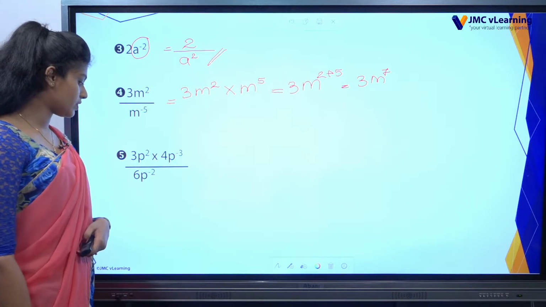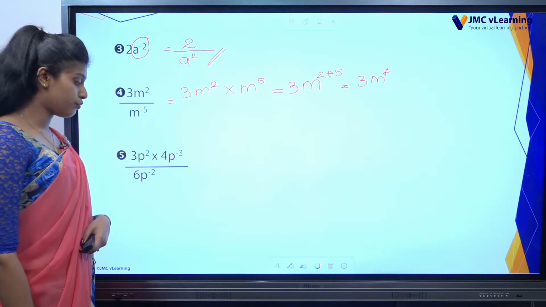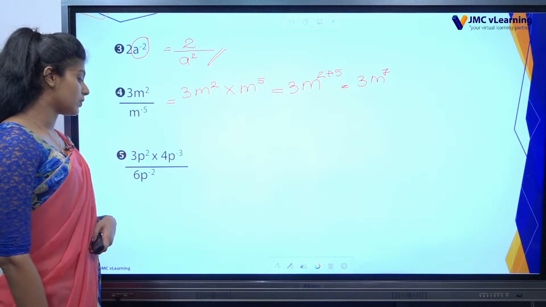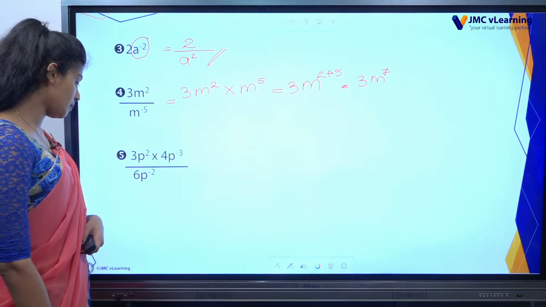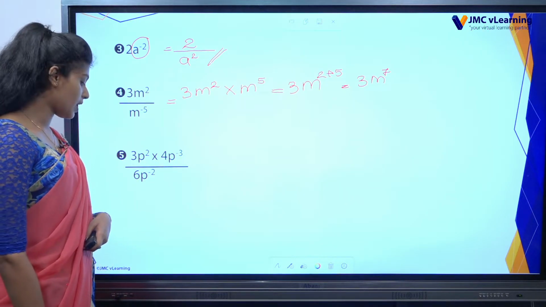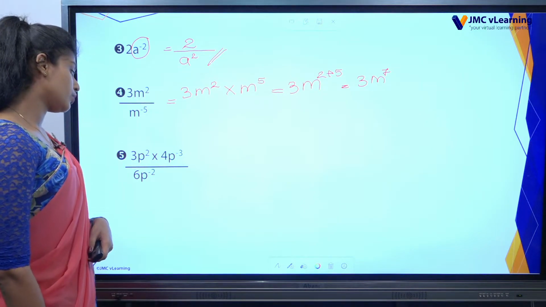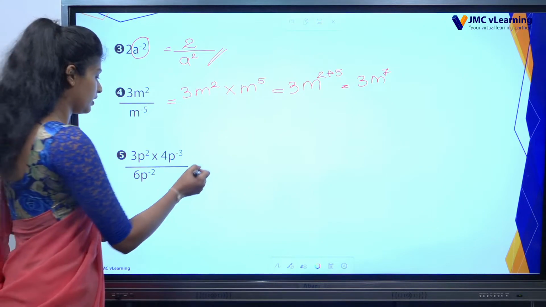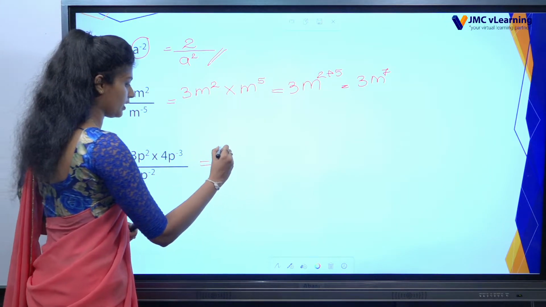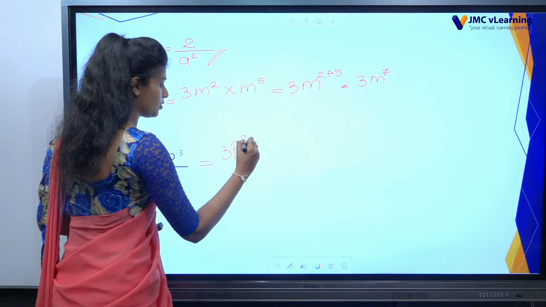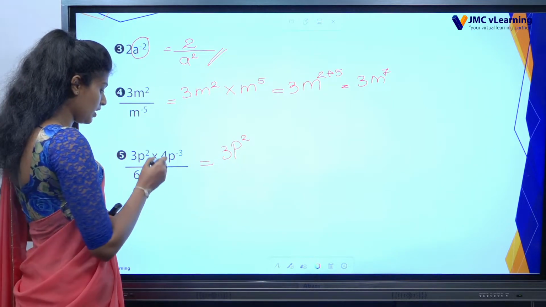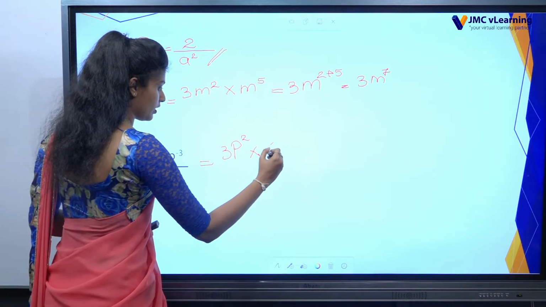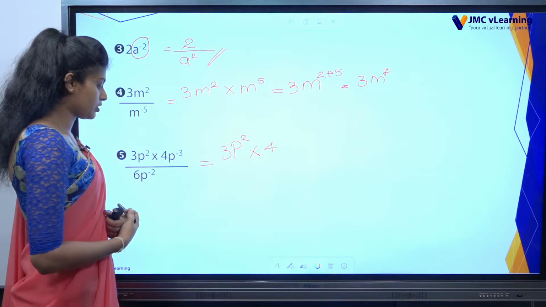Then 3p to the power 2 into 4p to the power minus 3, over 6p to the power minus 2. So you have to take all the indices to positive. Let's turn them. Here 3p to the power 2, no need to change. Here 4 also is positive.